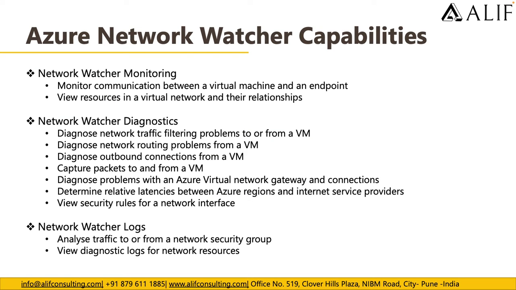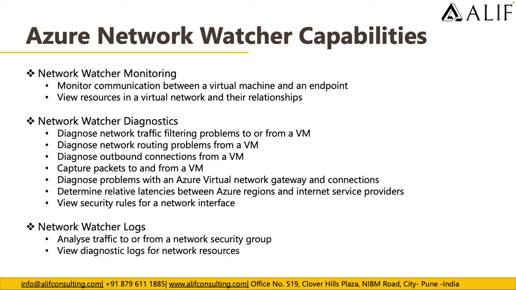Here are some of the capabilities of Azure Network Watcher. It can do network monitoring, diagnostics, and give you logs as well. It can provide monitoring from one endpoint to another, and you can see the relationship between two network resources.